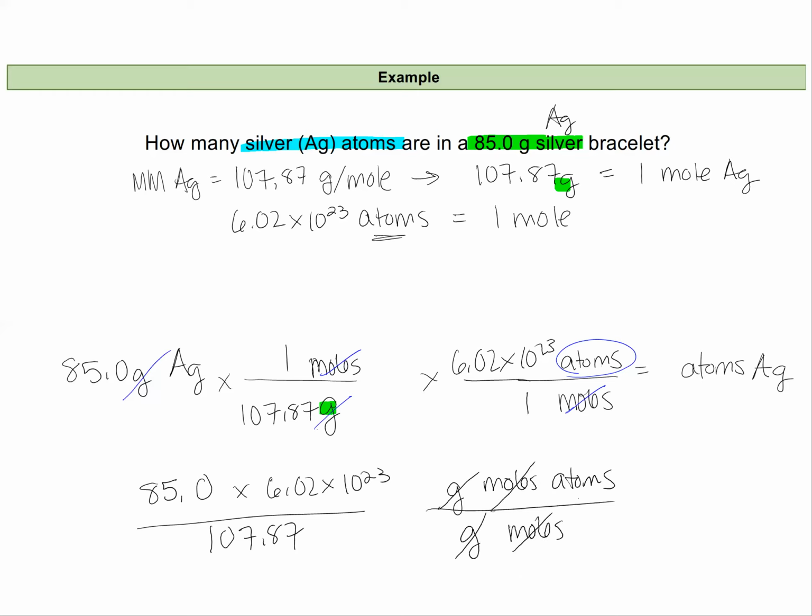And this is where we see those cancellations. And if I plug this into my calculator, which will require a little bit of work to manage the exponent, and let me know if you need help with that, this will equal 4.74 times 10 to the 23rd atoms.